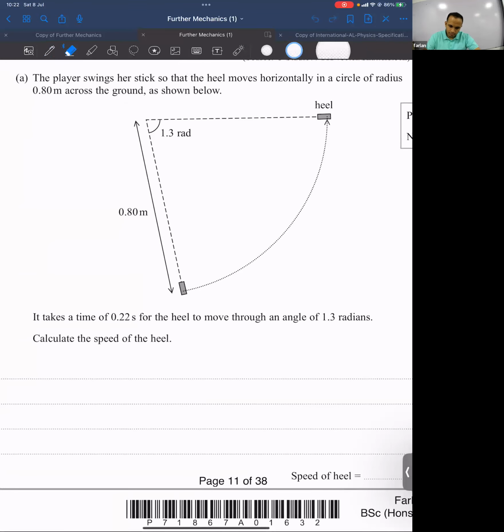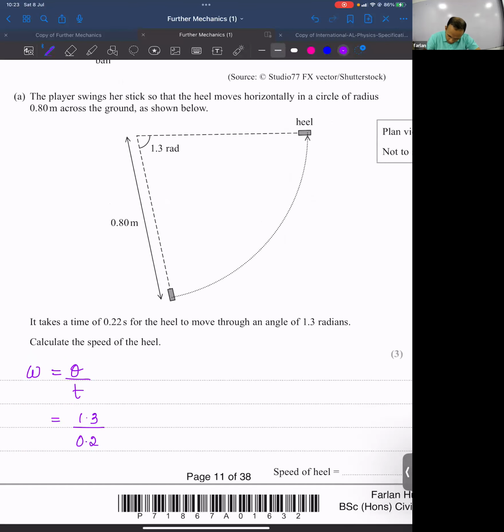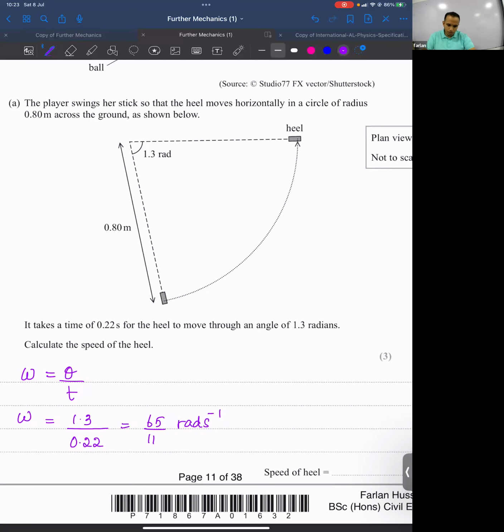So guys, I can take the omega equals theta over t. Theta is 1.3 radians over the time taken, 0.22. This gives you the omega, which is 1.3 divided by 0.22. I'll take it as 65 over 11 for now. This is the angular speed. But we have been told to find the speed.